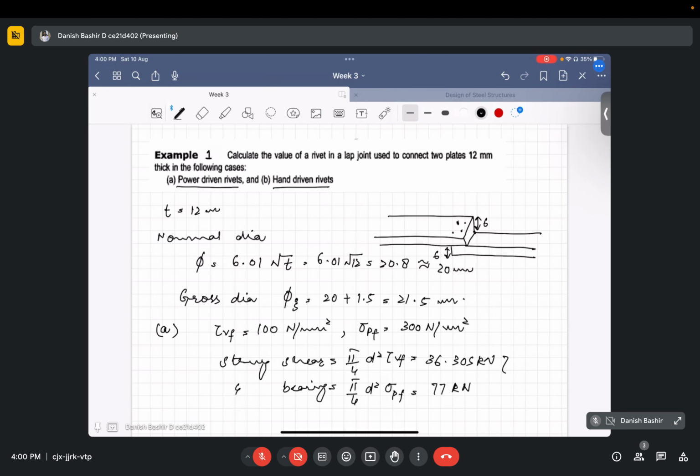So we have to take the minimum of the two, that is 36.305 kilonewton. So the rivet value RV comes out to be 36.305 kilonewton.